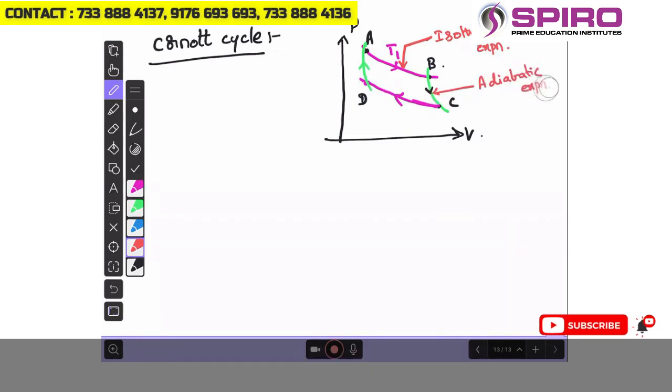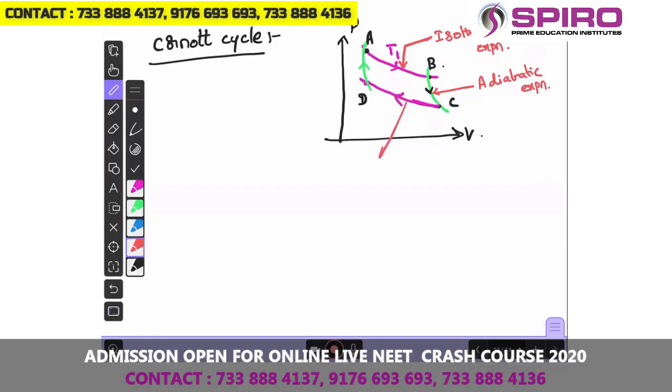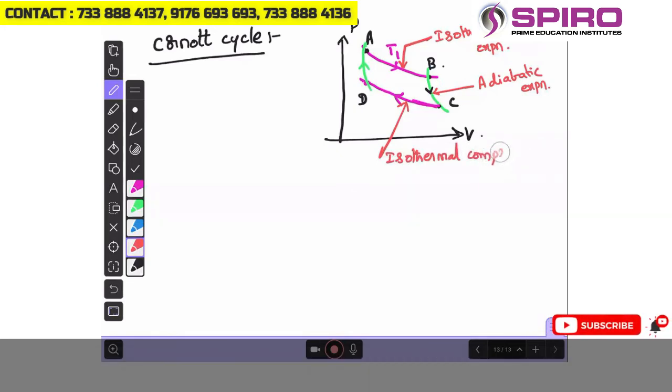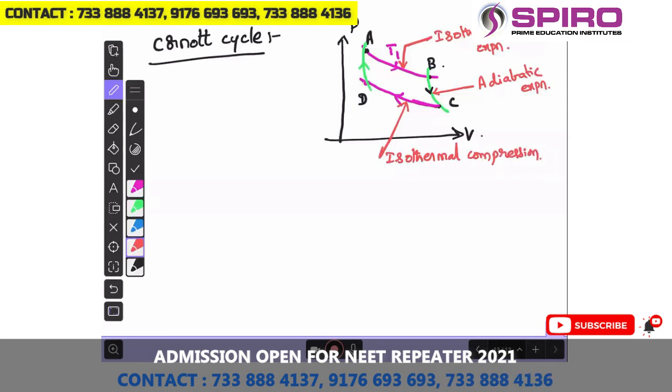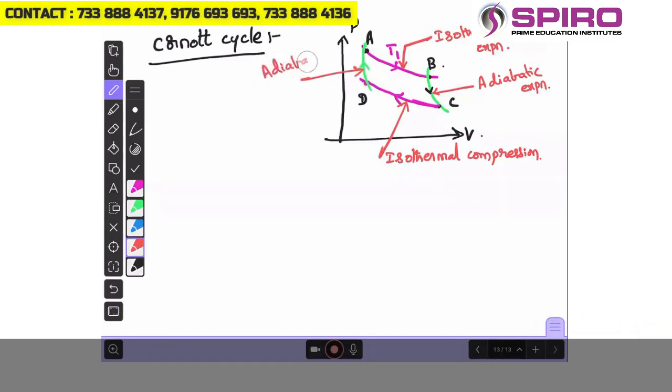And C to D is isothermal compression, and D to A is adiabatic compression.